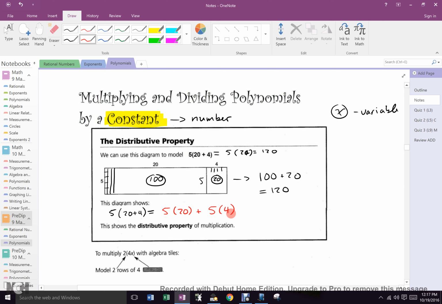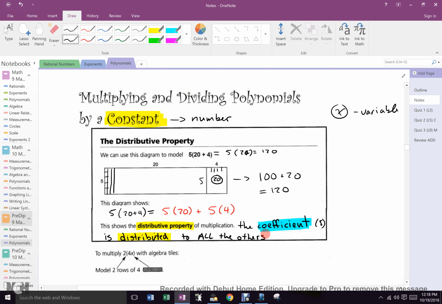Yes. Great. We call this the distributive property because the coefficient, which in this case, there's a new word for some of you, the coefficient, in this case 5, is distributed, and I'm going to highlight distributed, to all the others.